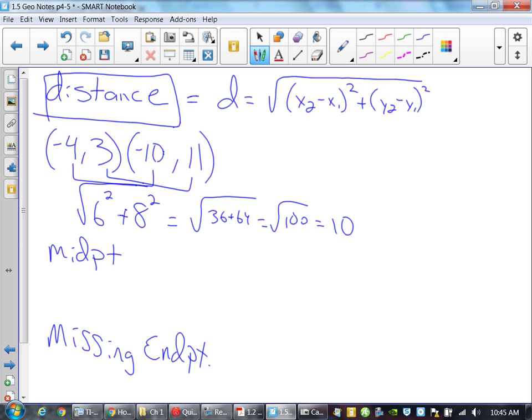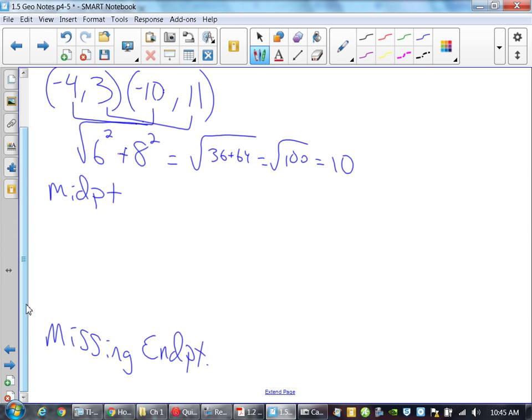Now, what's different between that versus a midpoint is that the midpoint is looking for the halfway spot between the 2 points. So when you do that, you're adding the two x values together, cutting it in half. Adding two y values together and cutting it in half. So your midpoint, you add them, you're finding the average.